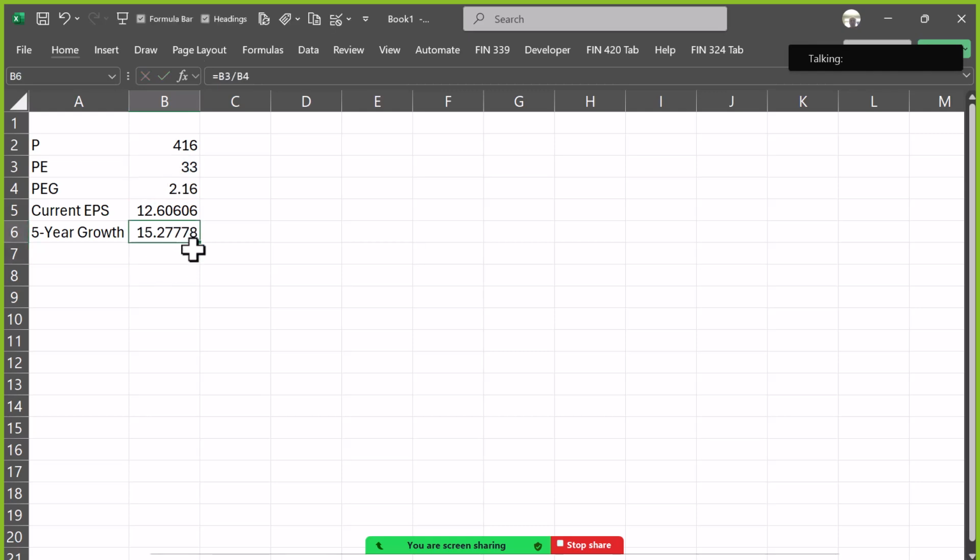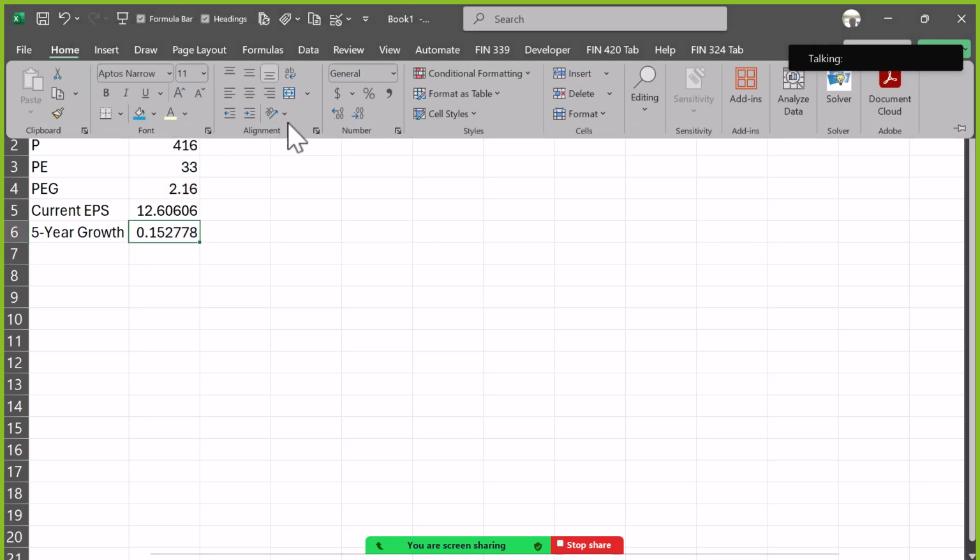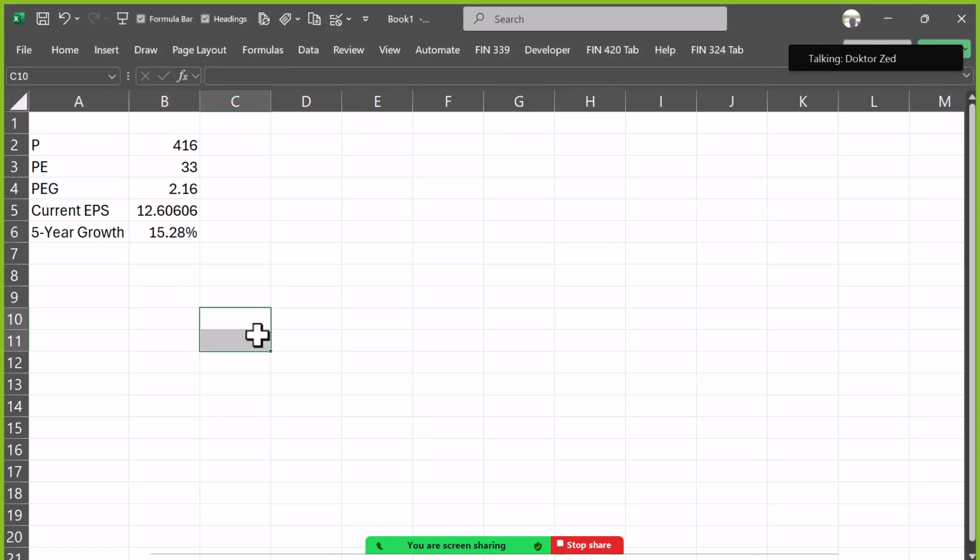So I'm going to also divide that by 100 to turn into decimal. So according to market analysts, Microsoft is expected to grow about 15% on average over the next 5 years.